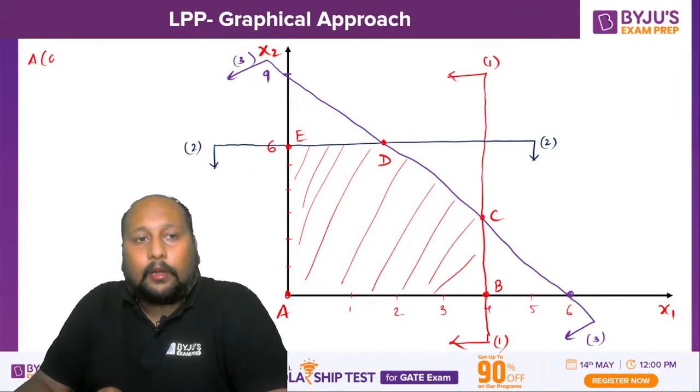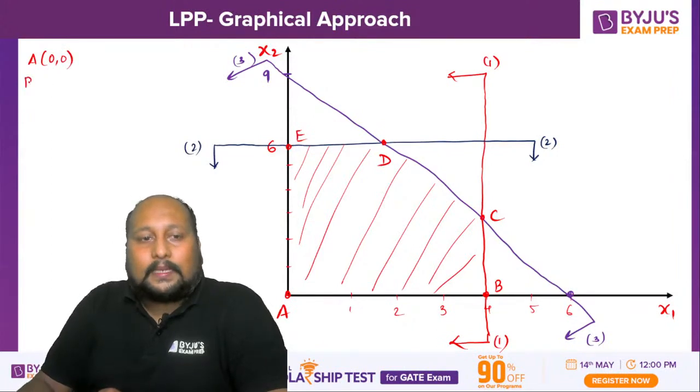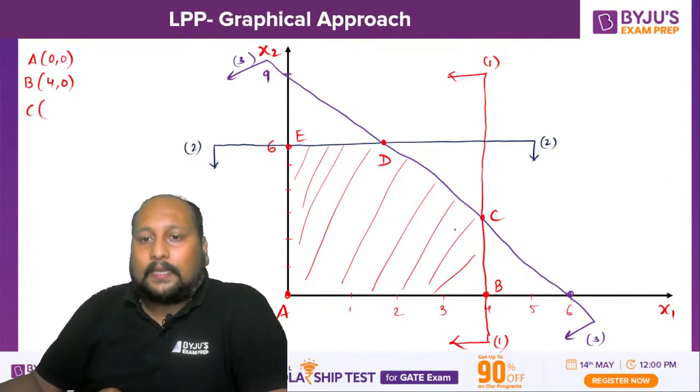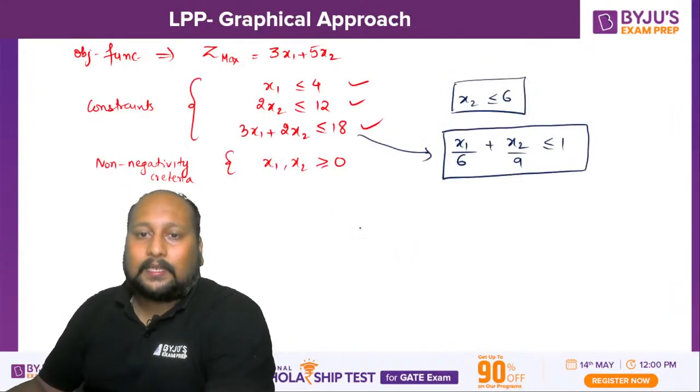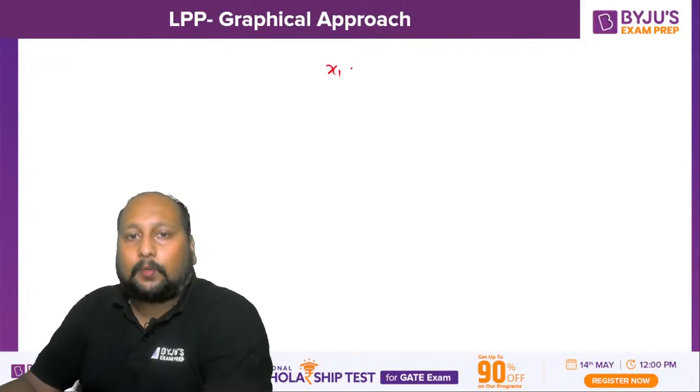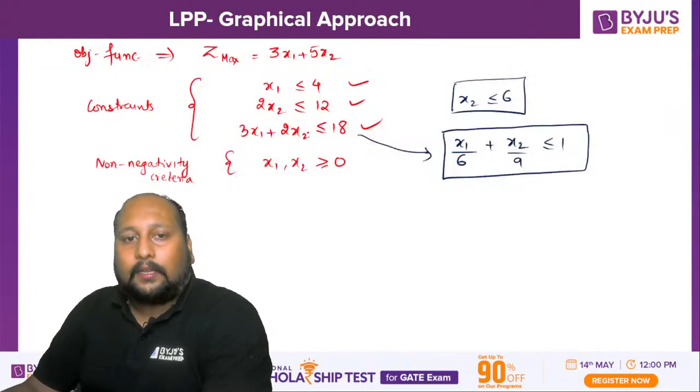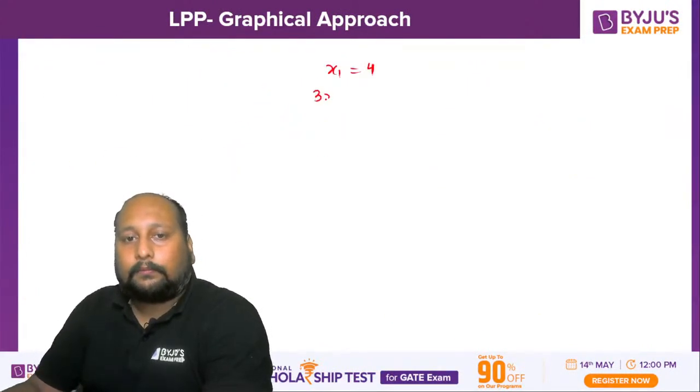So A is having coordinate, this is the origin. Now B is having a coordinate of 4, 0. Now, point C is the intersection of constraint 1 and constraint 3. Constraint 1 is x1 equal to 4 and constraint 3 is 3x1 plus 2x2 is equal to 18, right?